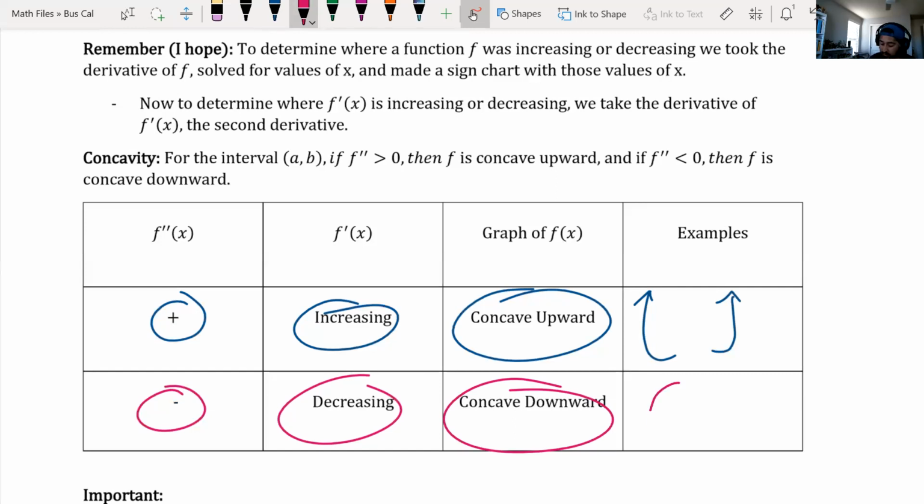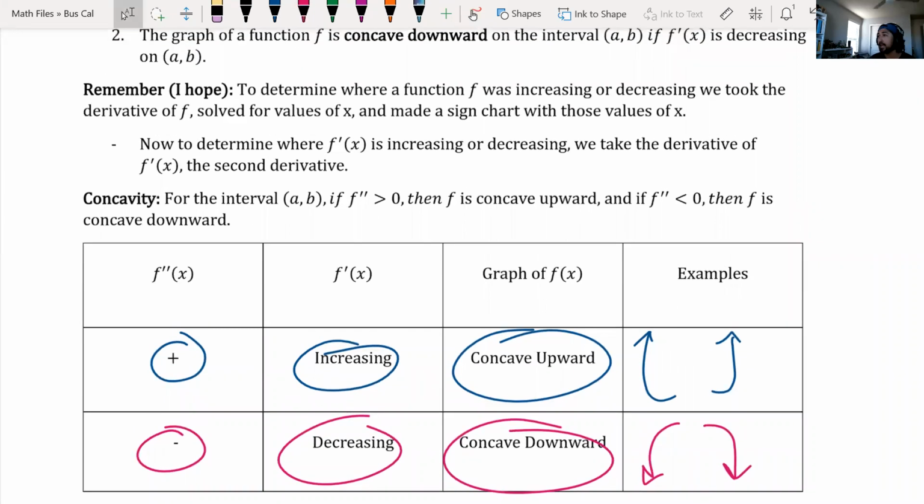And concave down looks like this. And here I say, remember, from last class, to determine where a function was increasing or decreasing, we took the derivative, we solved for x, and we created a sign chart. Like I said, we're going to do the same thing for the second derivative.